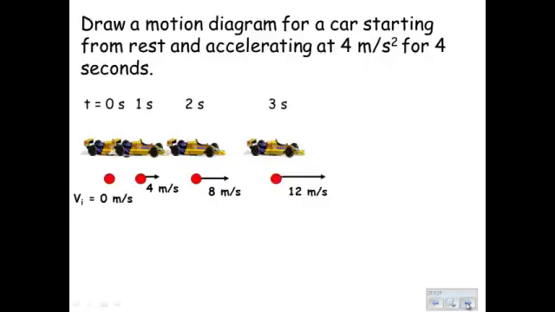At 3 seconds, 12 meters per second. And by 4 seconds, you've reached a speed of 16 meters per second. And again, notice how my dots are getting farther spaced apart, and the arrows are increasing in length.